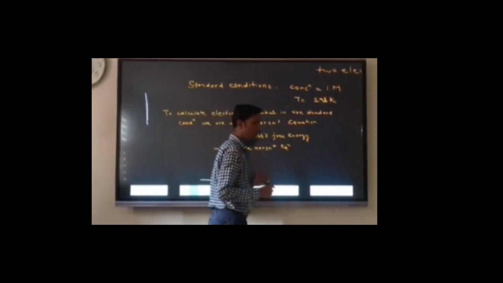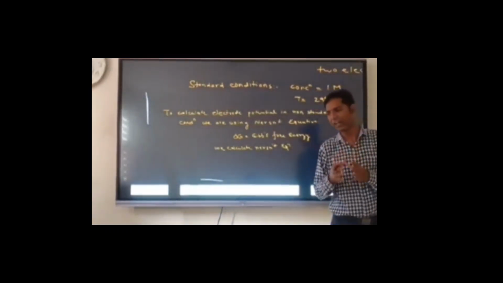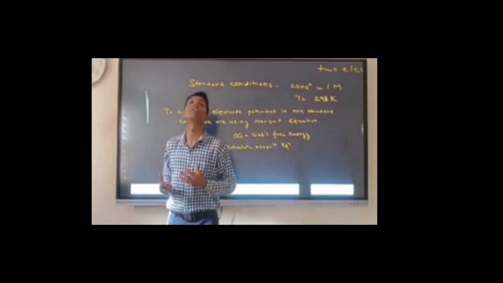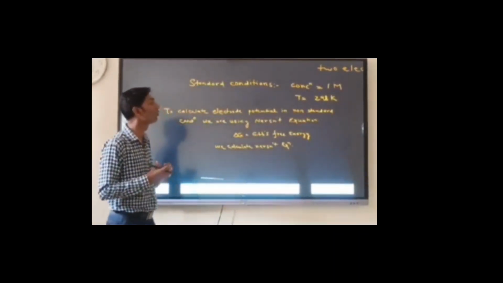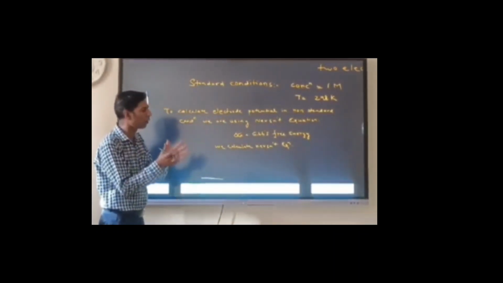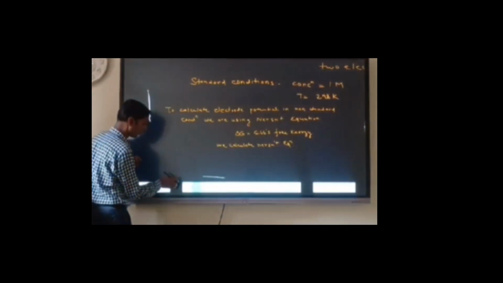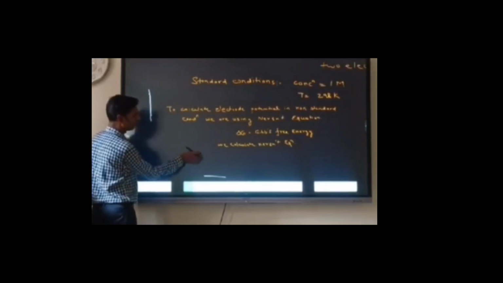Whatever energy we have in the system is used to do useful work. I repeat, to do the useful work. So this work or energy is used to derive the Nernst equation. Now let's see how.